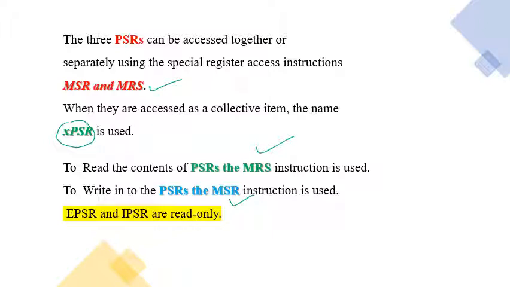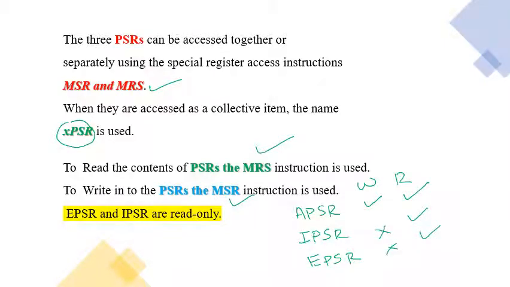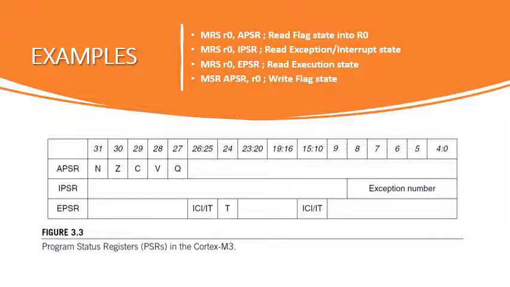But out of the three registers, APSR, IPSR, and EPSR, there are certain restrictions. EPSR and IPSR are only readable, so they cannot be written. Whereas with APSR, you can perform write as well as read operations. So you have to remember this before using the instructions.